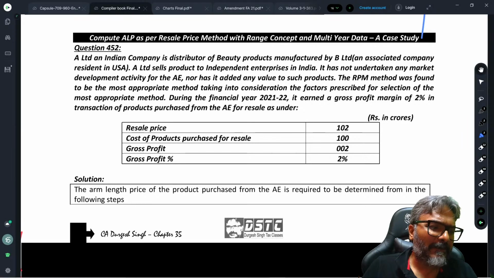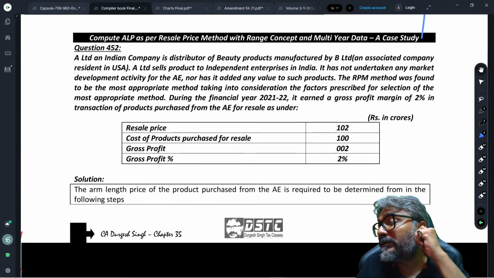Royalty replaces with brand value means? No, in that case, the point here is that in the previous question, the international transaction, that is the transaction with the AE, was in respect of branded goods. The branded goods would primarily be on a higher side, whereas the comparable was unbranded goods.